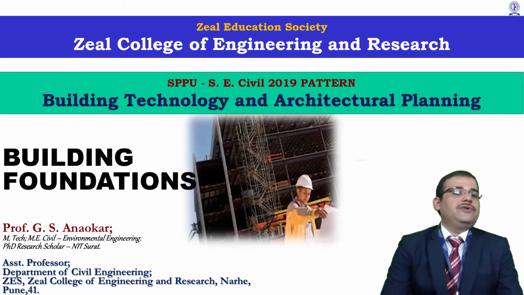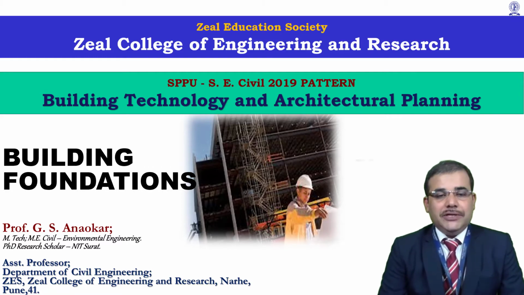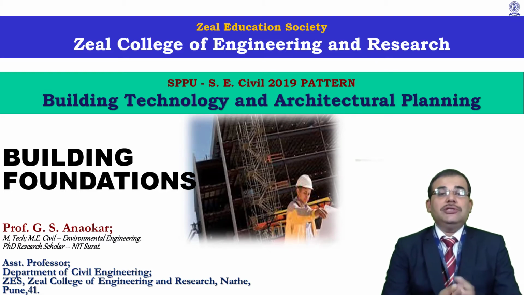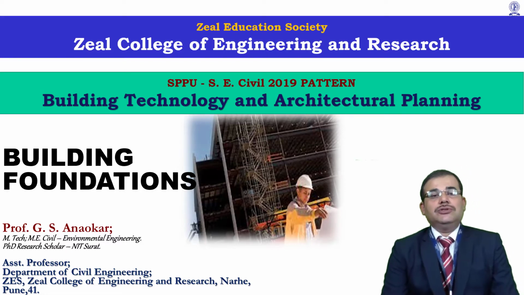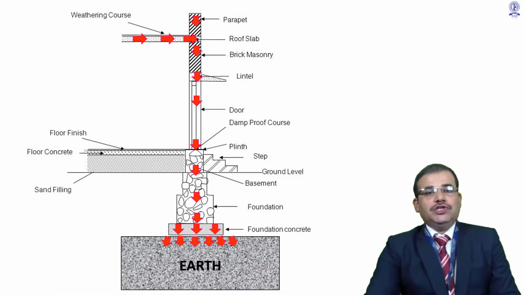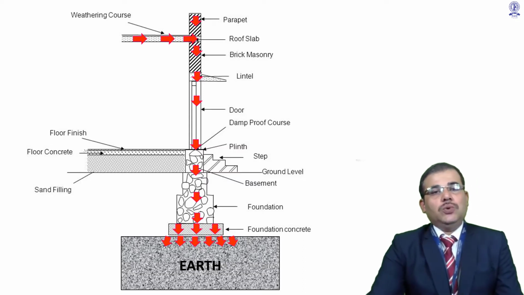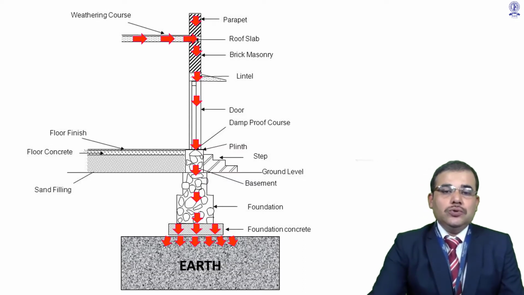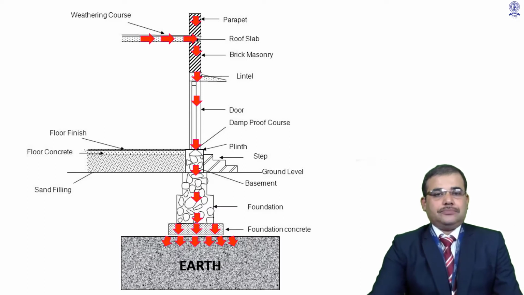In the earlier session, we had discussed the role of plinth, why it is important, and what its significance is. In today's video, we are going to learn about the definition of foundation, different types of foundation, its role, etc. Basically, the foundation transfers the load of the superstructure through the plinth to the earth.